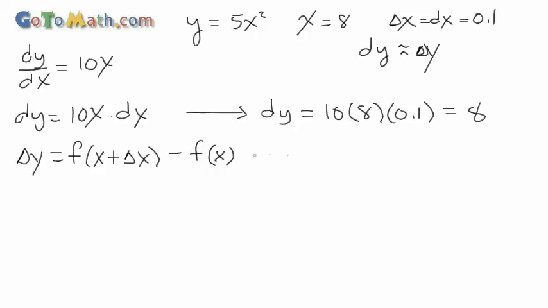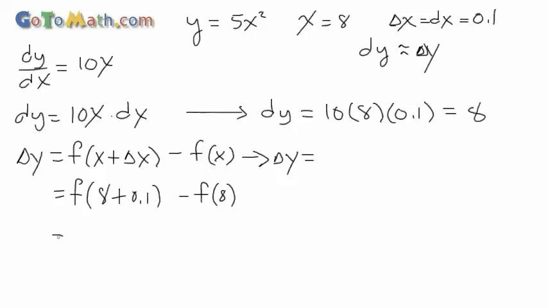Then this one here, we'll continue right over here. So change in y is equal to, actually, we're going to do a few things here before we do that. x is 8, and delta x is 0.1, minus f of 8. And so this becomes f of 8.1 minus f of 8. So let's plug 8.1 into the function.